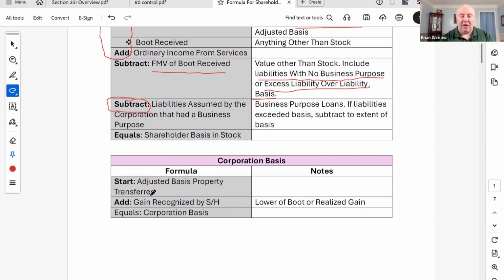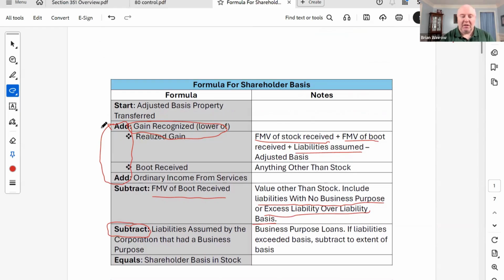And then we add the recognized gain by the shareholder right here. So this is how we get to the corporation's basis. Okay, and again, it's the corporation's basis in the property that our shareholder contributed to it.